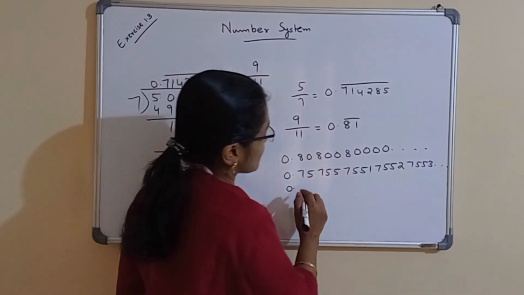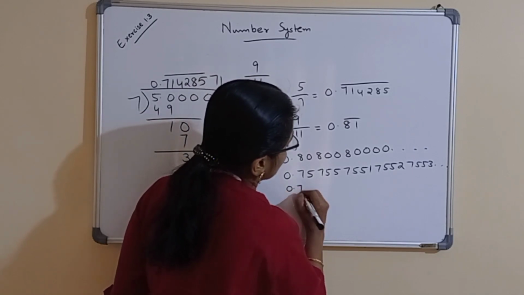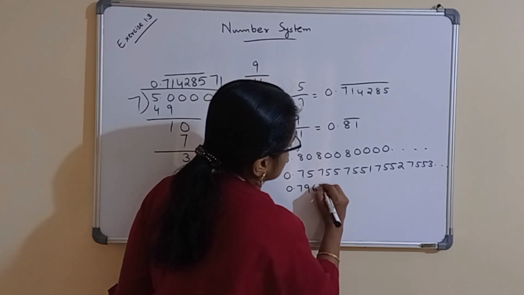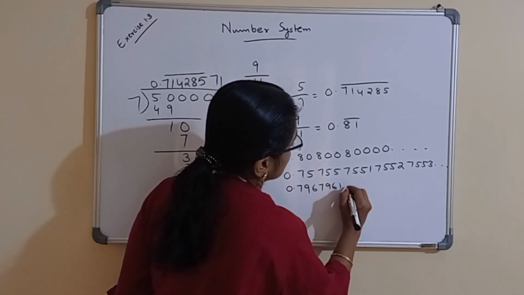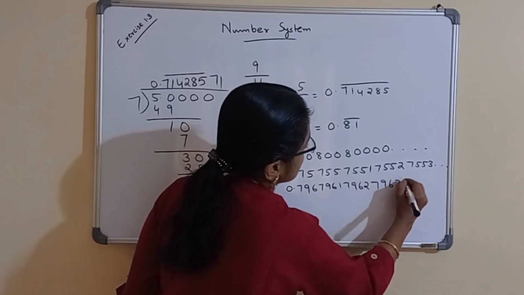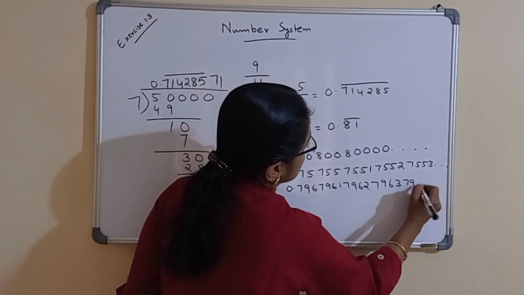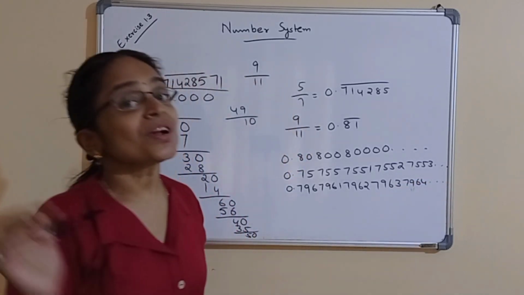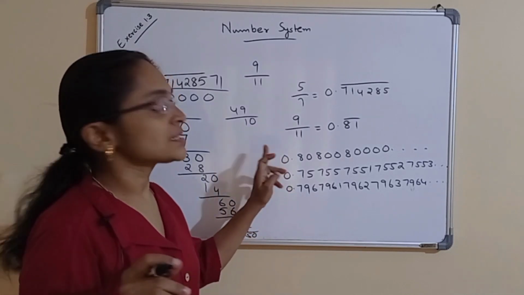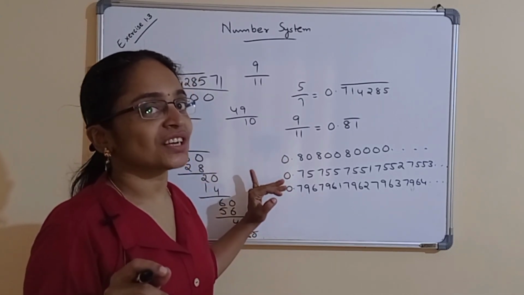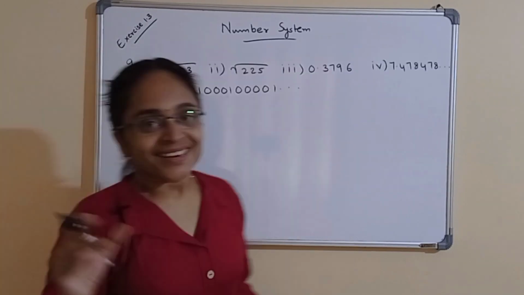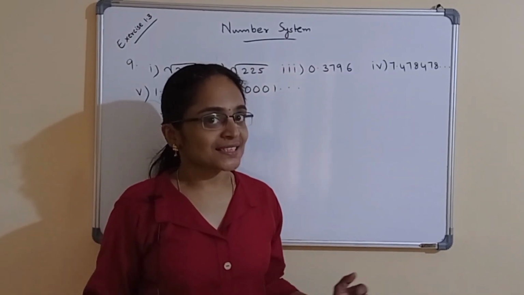Now we can have 0.7961, 7962, 7963, 7964, etc. This is also an irrational number between 5 by 7 and 9 by 11. So we have got 3 irrational numbers which are between 5 by 7 and 9 by 11. Now, ninth one, which is the last one.